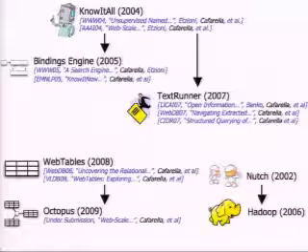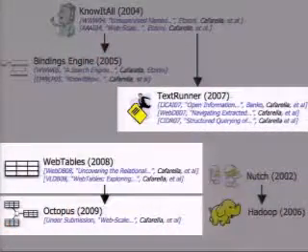So here's a kind of graphical description of a lot of the projects I've worked on recently. KnowItAll was an information extraction project, and it gave birth to a few others, like a bindings engine, which was more index support, and TextRunner. And then I also worked on some open source projects, Nutch and Hadoop. I'm not going to talk about most of these today.